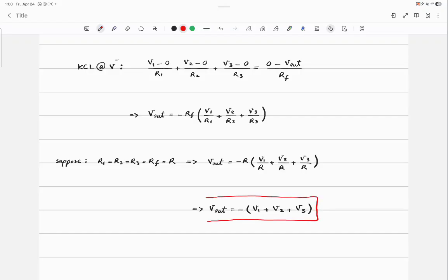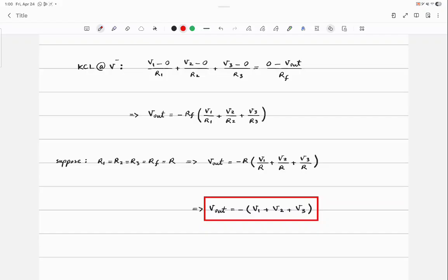Can you tell me what this means? Is there anything interesting about the behavior of this circuit? Oh, well, the negative sign we don't care about because we already talked about it. It's just phase change.